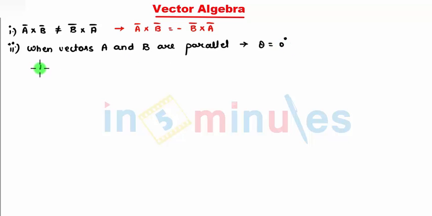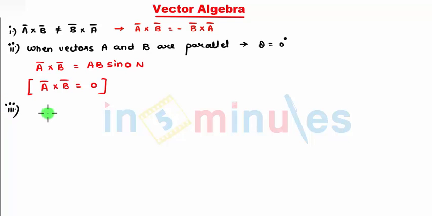Now when theta is 0 degree, if I write A bar cross B bar, I will be writing AB sine 0 n. So that gives me A bar cross B bar is nothing but 0.